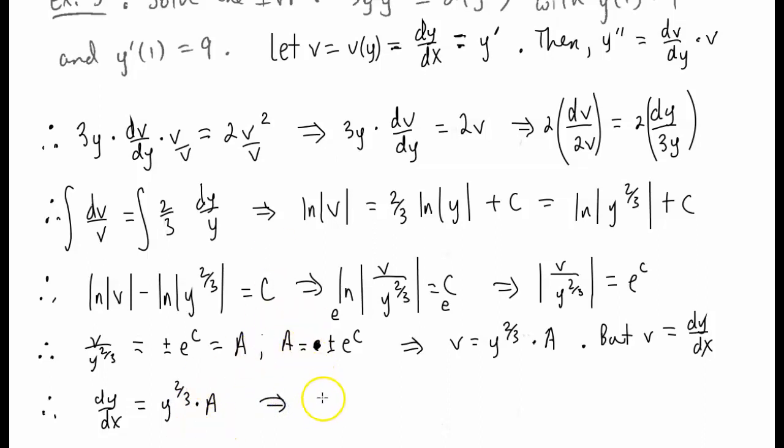And here we can do some algebraic manipulation. So this will be dy over y raised to the 2/3 equals a times dx. And this is the same as y raised to the negative 2/3 times dy equals a times dx.